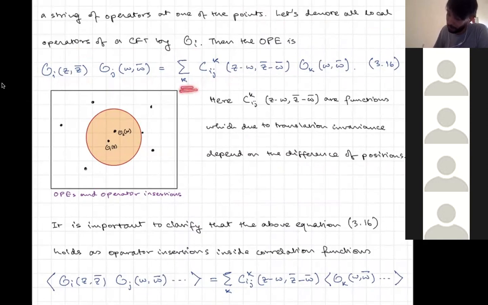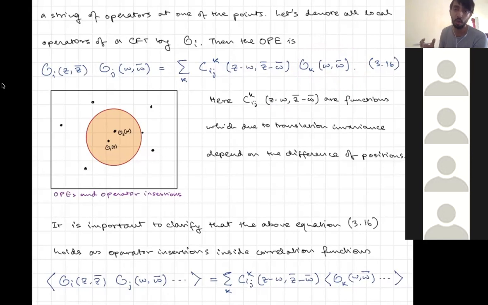There's a sum over a string of operators, and these are at the point ω̄. These C_IJK are functions which, due to translational invariance, will only depend on z minus ω and z̄ minus ω̄.